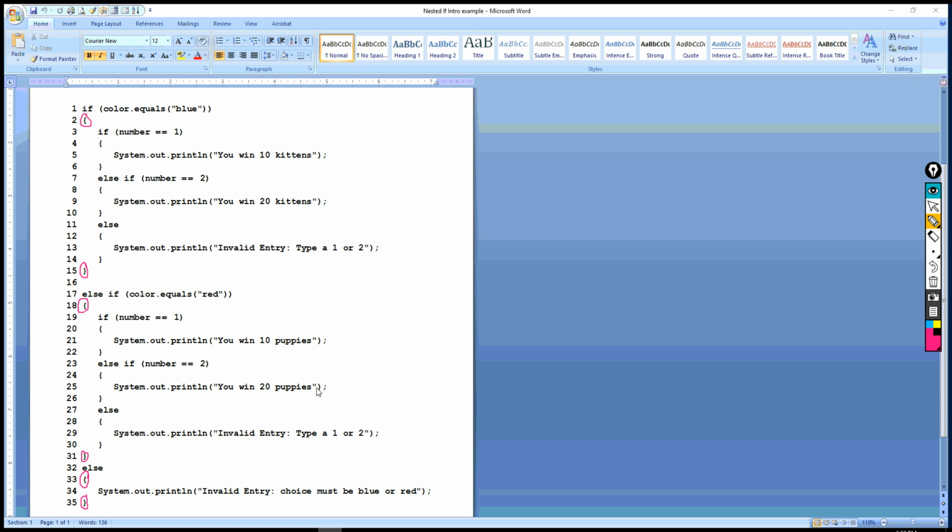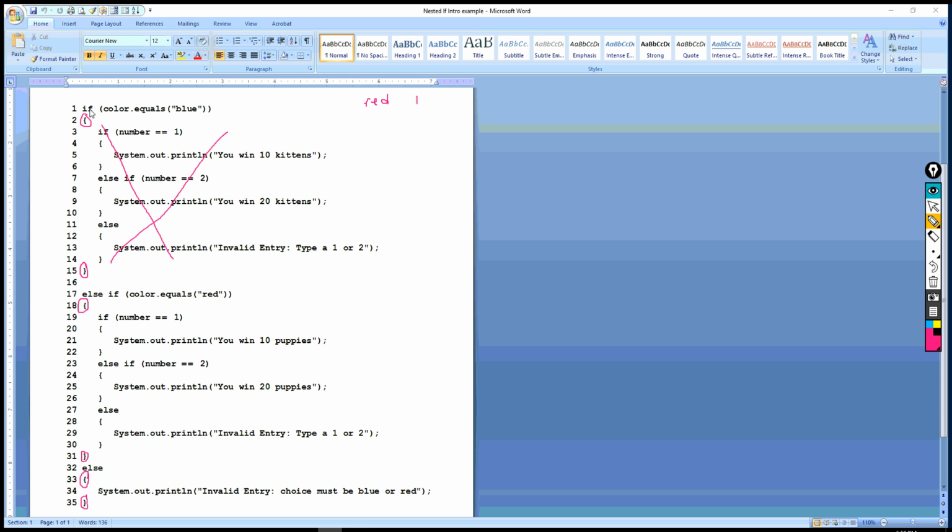So if color is assigned red and the number is assigned 1, what would the compiler do with this? So we start, of course, at the if statement, and red does not equal blue, so the entire if clause is going to be ignored.